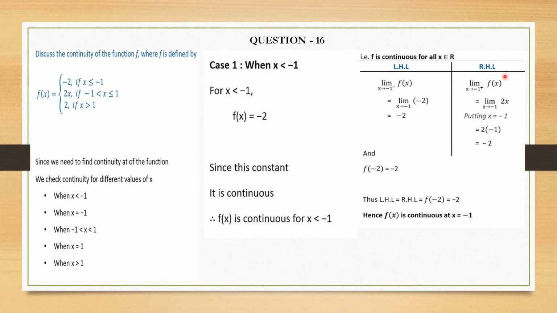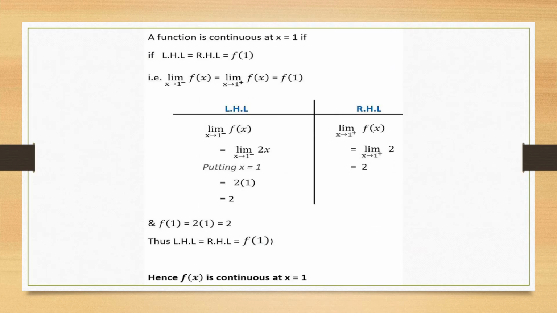For the right hand limit it is 2x, so I can go for x as minus 1 plus h, or simply, because this calculation is very simple, it is minus 2 itself, and f of minus 1 is again minus 2. So LHL, RHL and the value of the function are all equal, so function is continuous at x equal to minus 1.